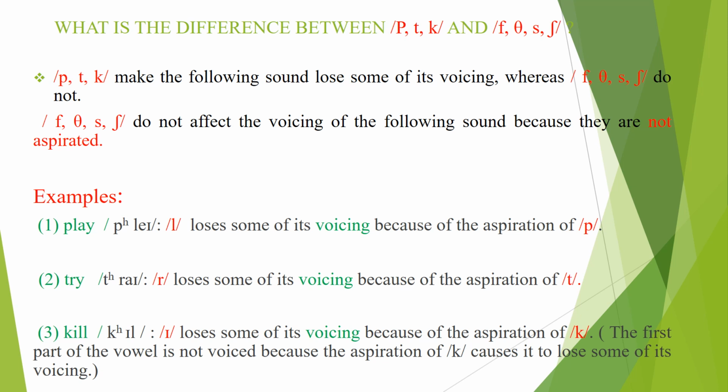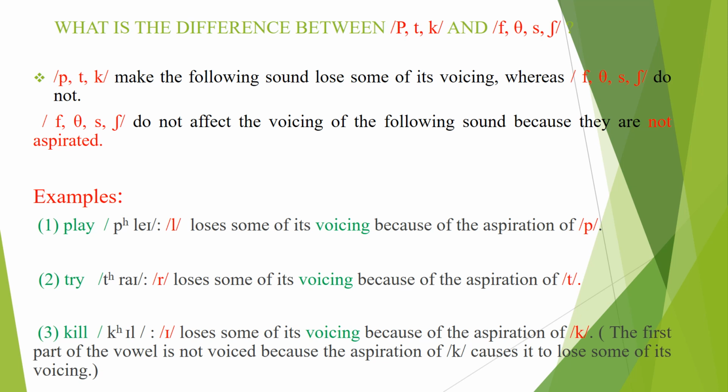For example, play. When we pronounce the word play, the l sound, which is a voiced sound, loses some of its voicing because of the aspiration of p. In the second example, try, the r sound loses some of its voicing because of the aspiration of t.